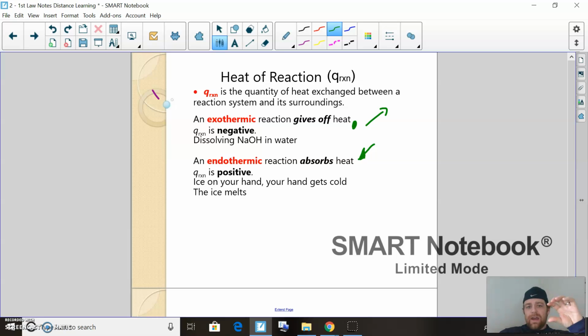So it needs to take energy away from the surroundings. You have to think of energy as an actual form of transferable matter that shifts and moves. When a reaction is exothermic, it's giving off heat and it's going to the surroundings. That's why things get hot. When things get cold, it's because energy is being taken away from the surroundings.